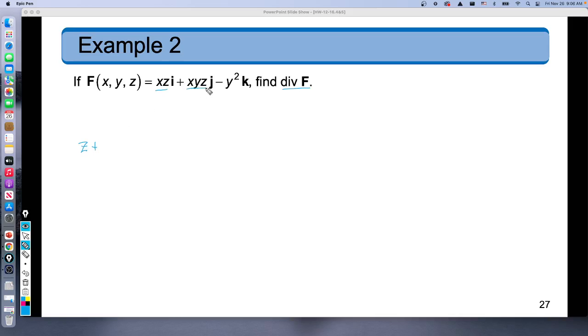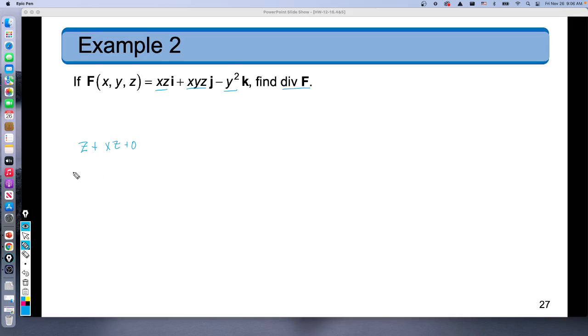Here we're going to take the partial with respect to y, so the derivative of y is 1, x and z are constants, so they just come along, so it's 1 times those. And then finally we're taking the derivative of this last part with respect to z. Well, y squared is just a constant, so this part is 0.